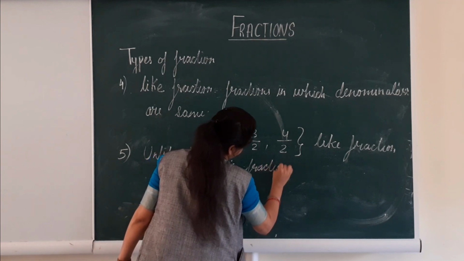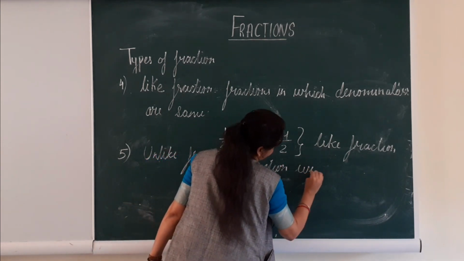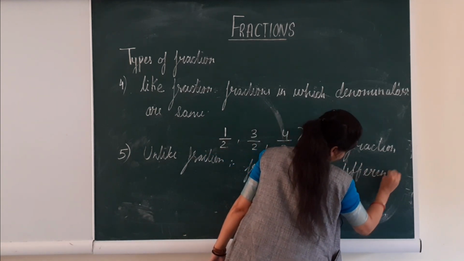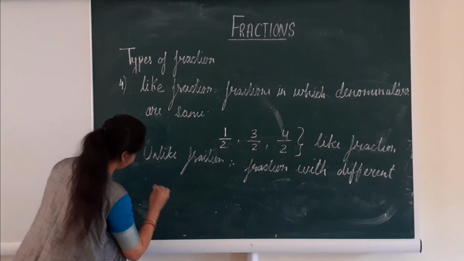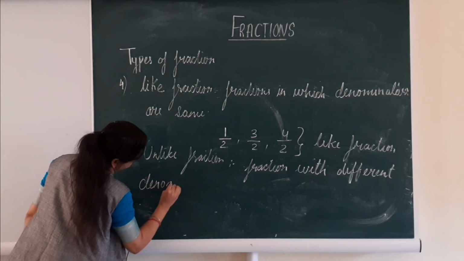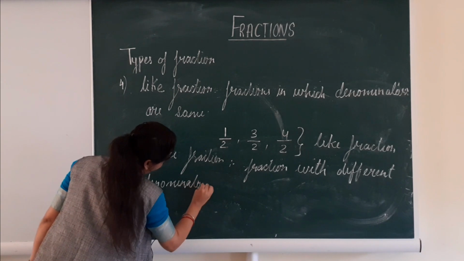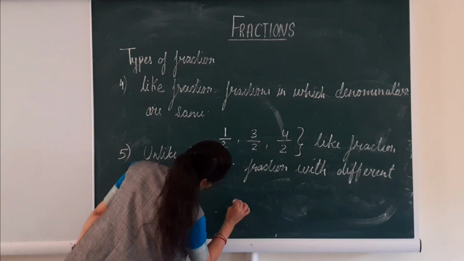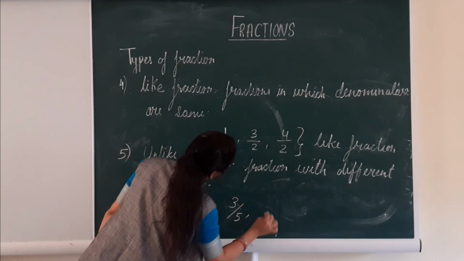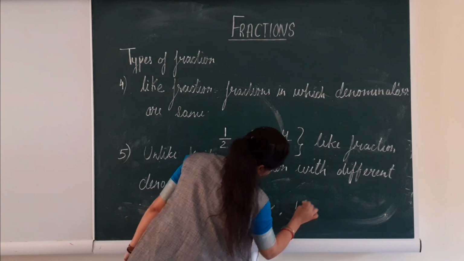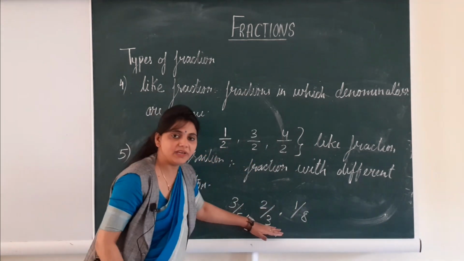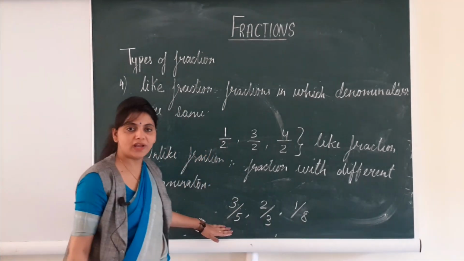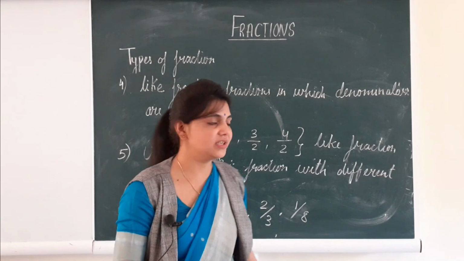Fractions with different denominators are known as unlike fraction. Take some examples. 3 by 5, 2 by 3, 1 by 8. All the denominators are different. That's why this type of fraction is known as unlike fractions.